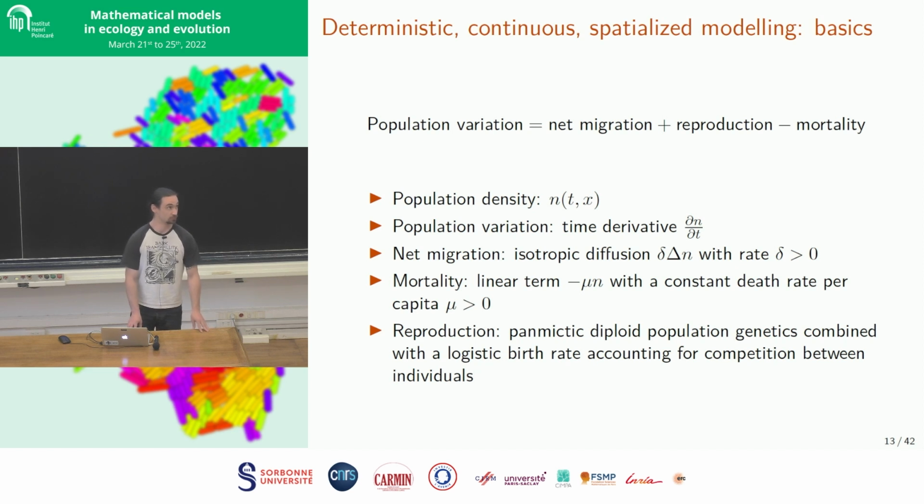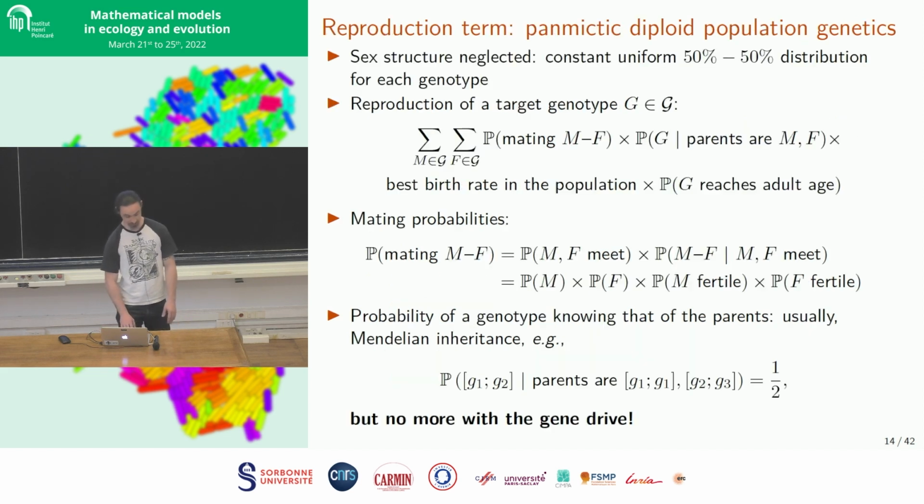The mortality is going to be a linear term, and the reproduction is going to be a more complicated term that I'm going to try to explain right now, but I'm not a probabilist, so bear with me. In the population, you have 50% of males, 50% of females at every point, at every time, and for every genotype. So no sex structure. And then you say, okay, I want to know how many individuals carrying the genotype capital G I'm going to have in the next generation.